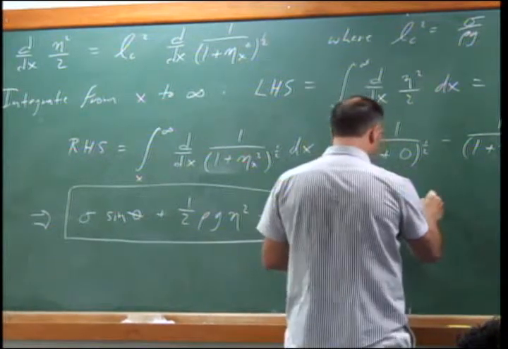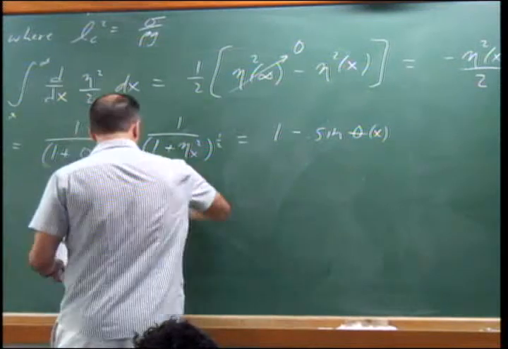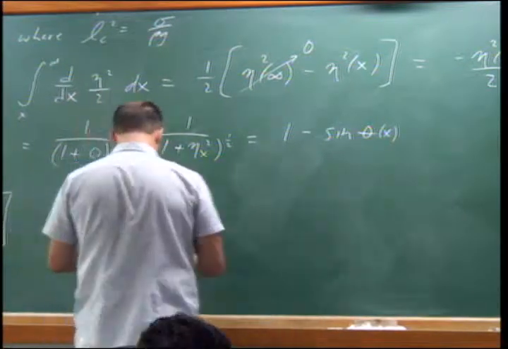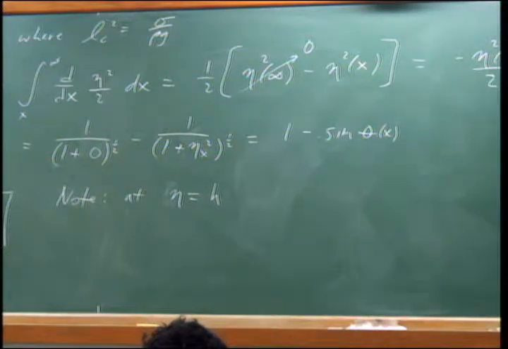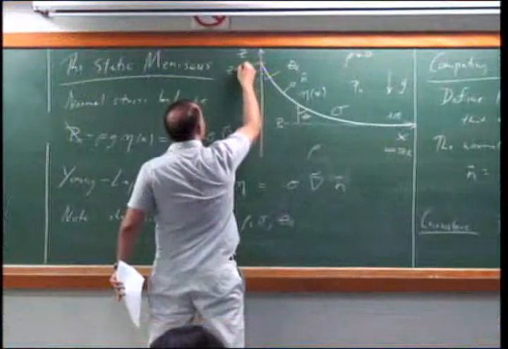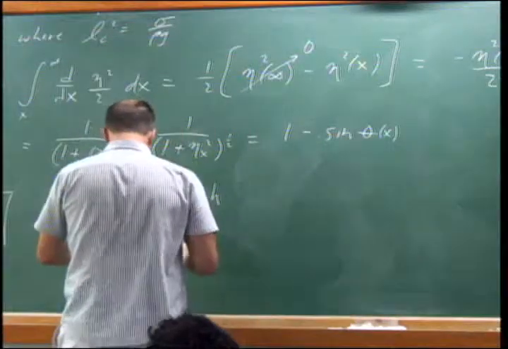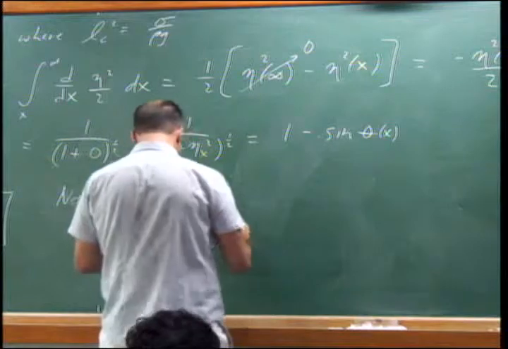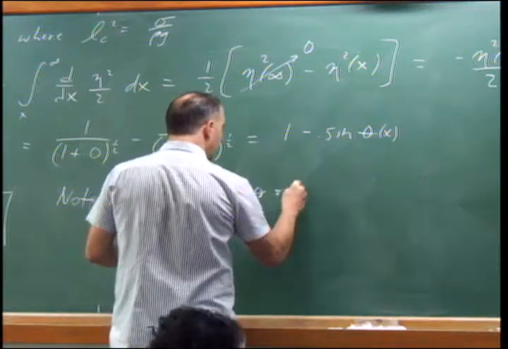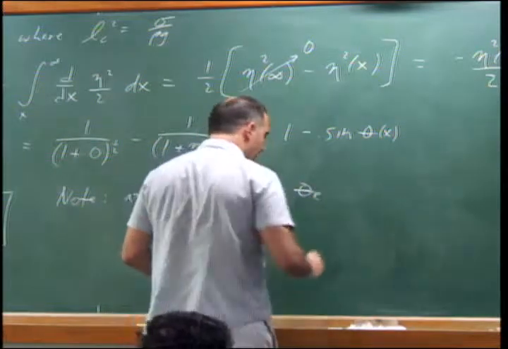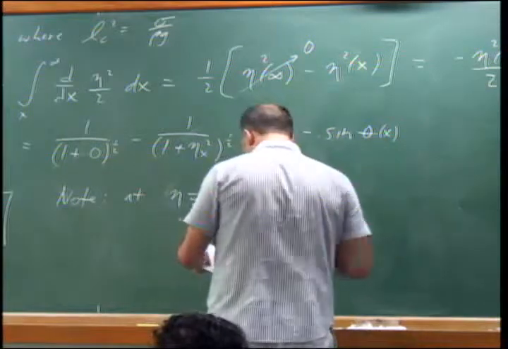At the maximum deformation, at the maximum height, nu equals h, so h is our maximum deformation here. We know that theta is equal to the equilibrium contact angle.